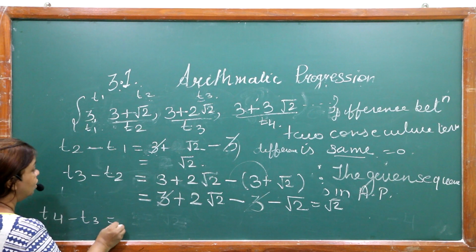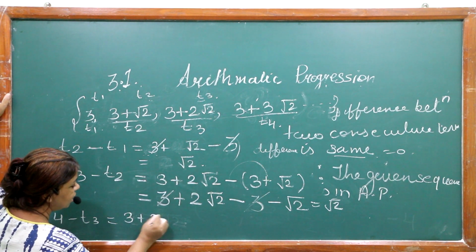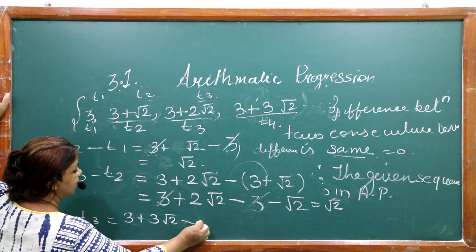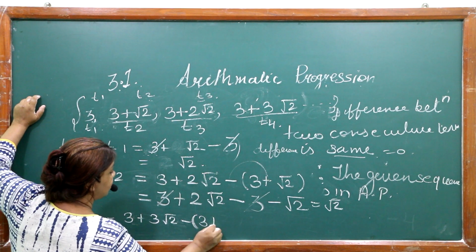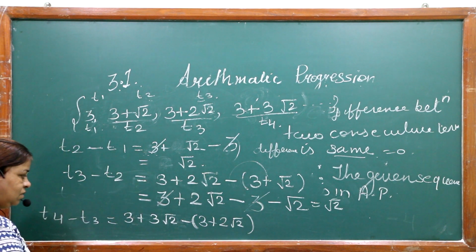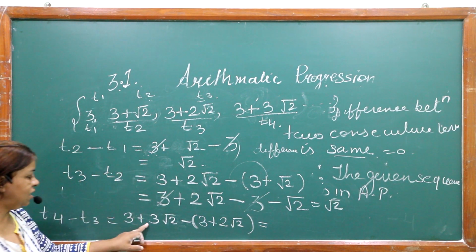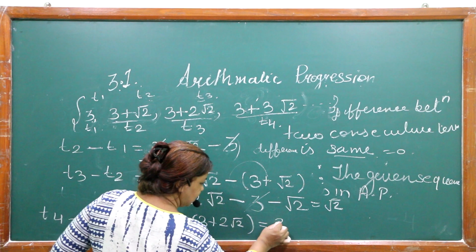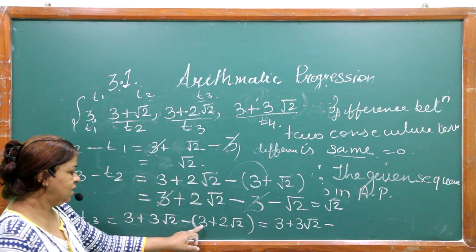So T4 is 3 plus 3 root 2 minus T3, which is 3 plus 2 root 2, bracket close. I'll open the bracket for subtraction. See here, 3 plus 3 root 2 minus 3.